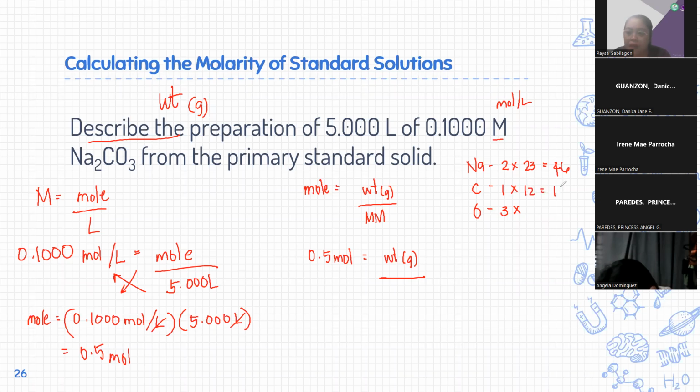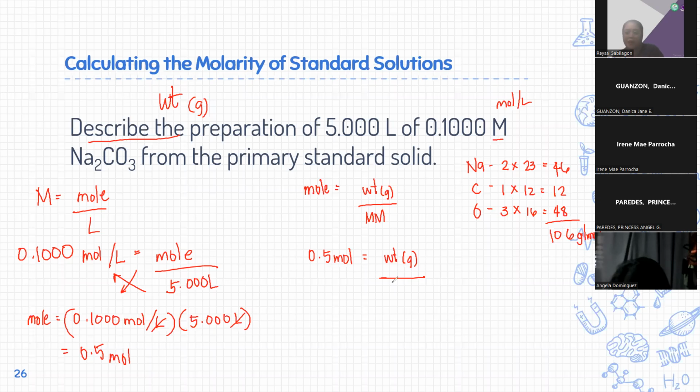This is 12. And this is 16, so this is 48. 8 plus 2, 6, 10. Carry 1, that's 106. So this is our molar mass for sodium carbonate, 106 grams per mole. Okay? Again, that's 106 grams per mole.